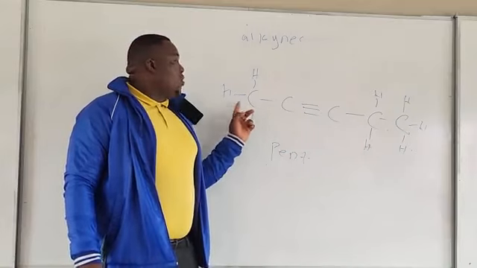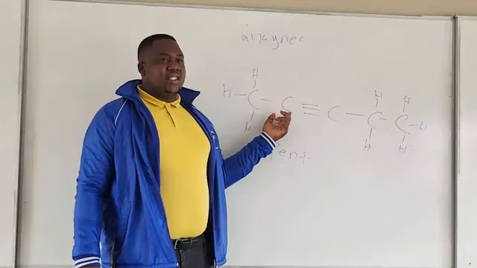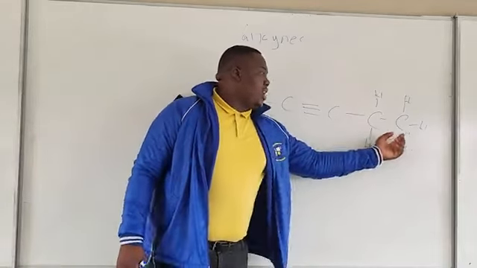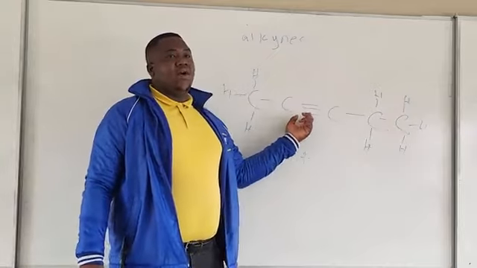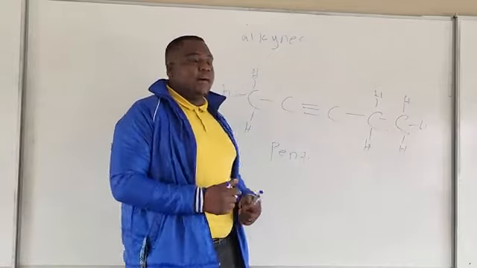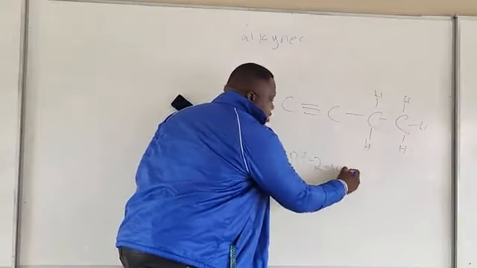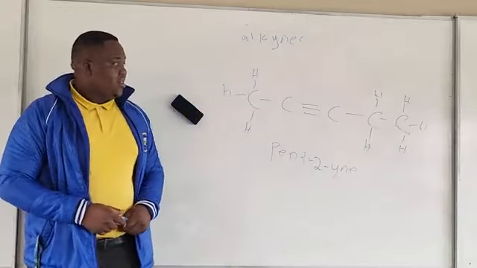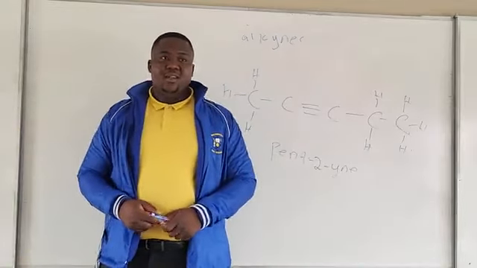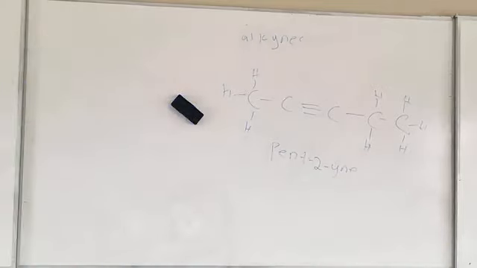When we start from this side, we say 1, 2, so the triple bond is at carbon number 2. When we start from the other side, 1, 2, 3. So we are bound to start from this side so that we write the smaller number. So we're going to have pent-2-yne. You understand? We have pent-2-yne.